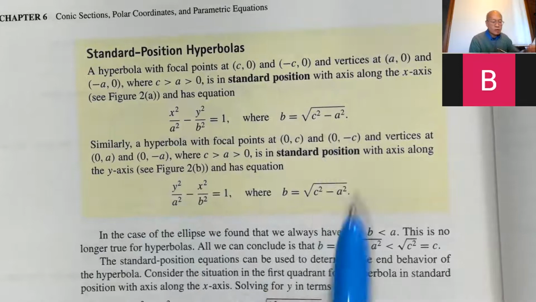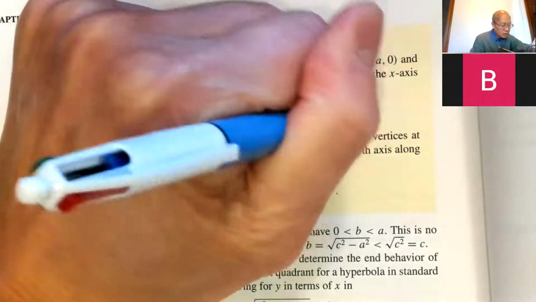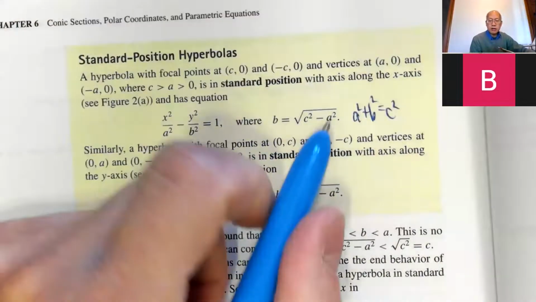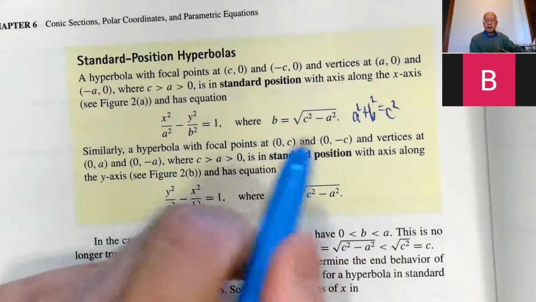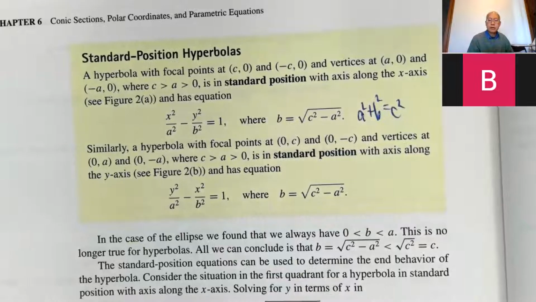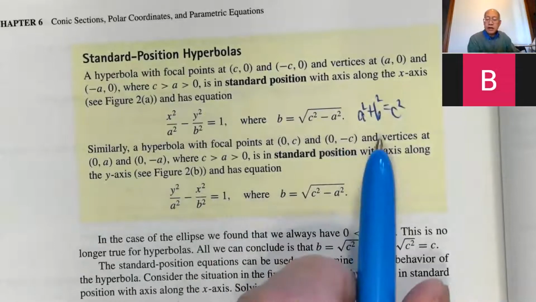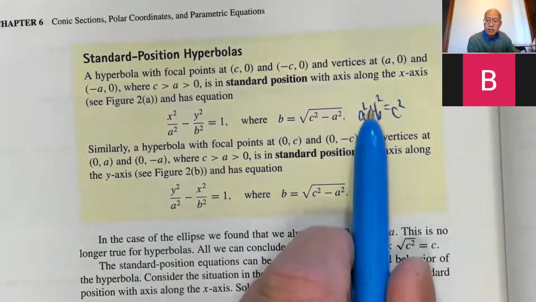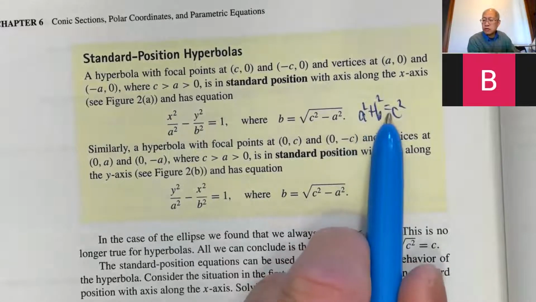If you clean up the algebra here, it's a squared plus b squared equals c squared. I don't know why the author decided to do this, but they're equivalent. Watch out, this is not the same formula as for the ellipse. For the ellipse, it was a squared equals b squared plus c squared.